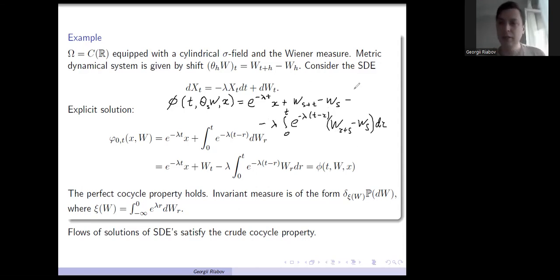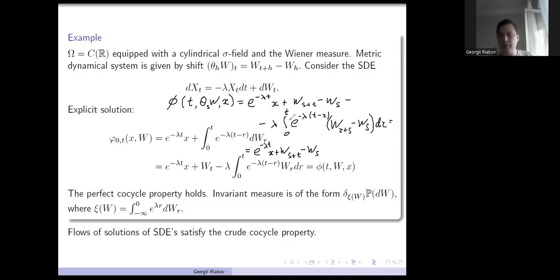Okay, and we can transform it as follows. So it will be e^(-lambda t) x plus W_(s+t) minus W_s.